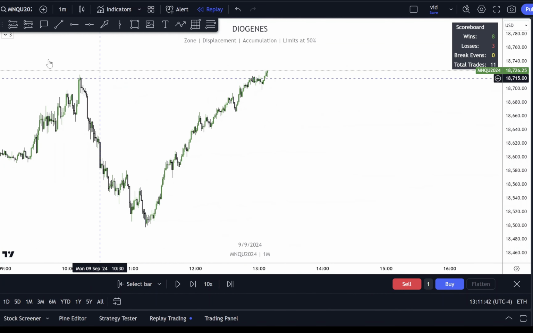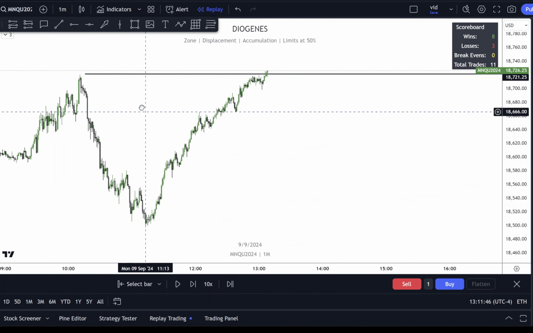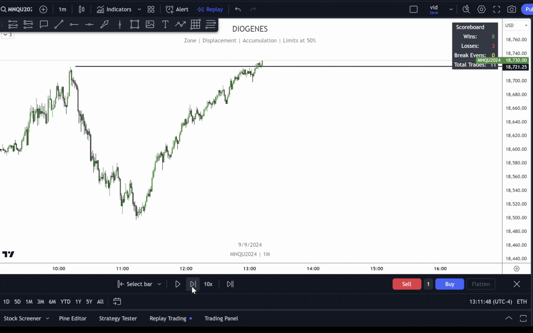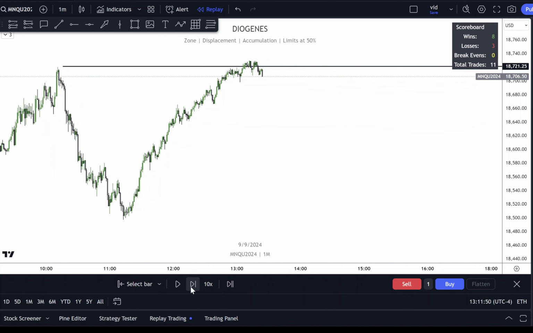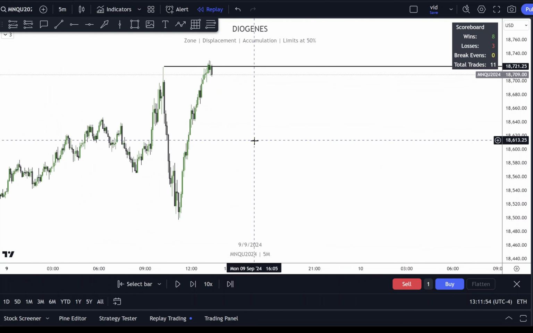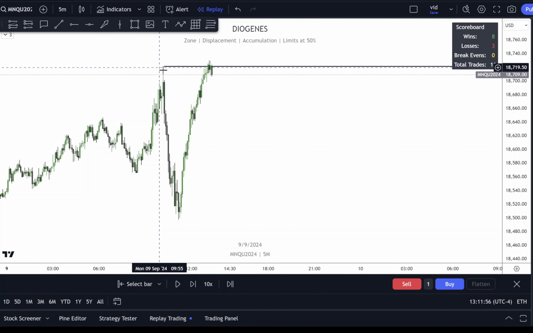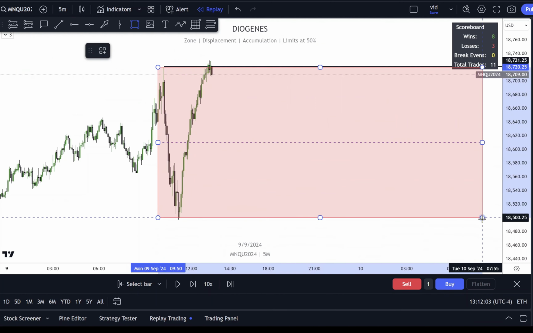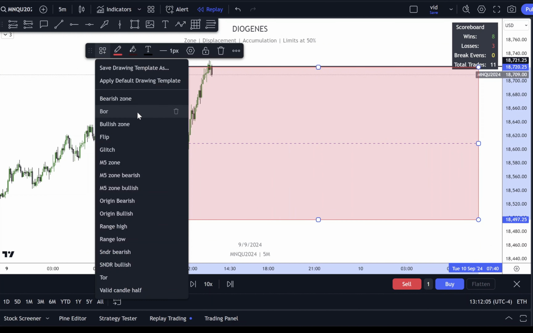So now, we took this higher time frame high, okay? Let's see on the M5. So we closed also on the M5 above this wick. Cool. So this is a beautiful bullish zone.